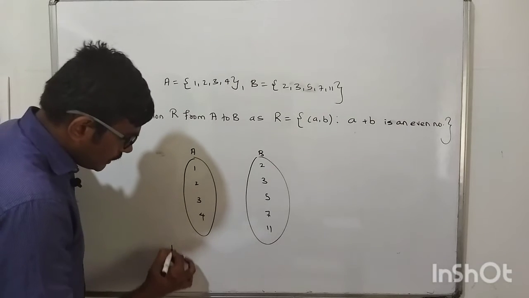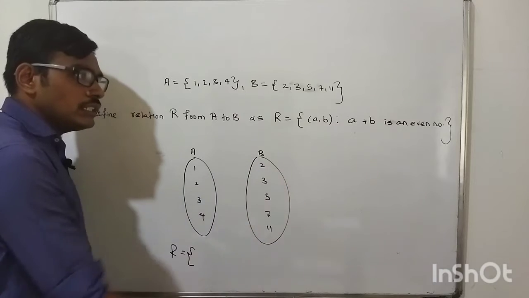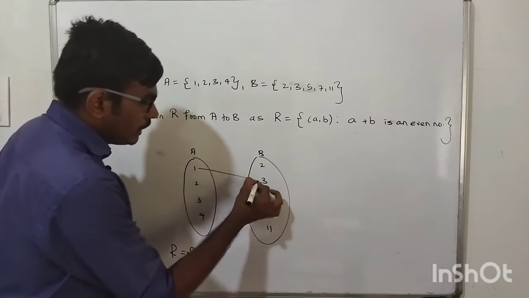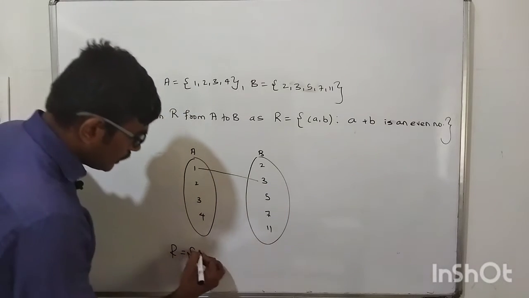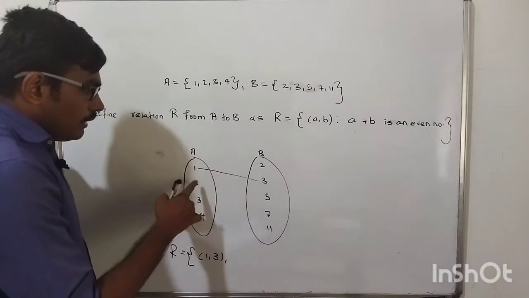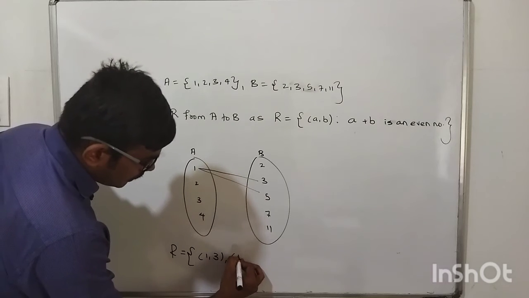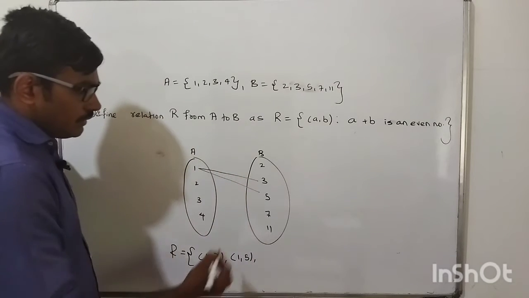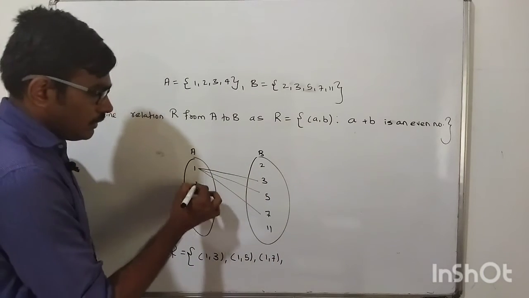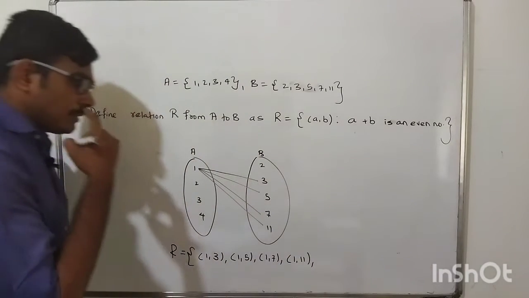First, 1 plus 2 is 3, which is not even, so we can't consider that. 1 plus 3 is 4, which is even, so we consider (1, 3). Then (1, 5), because 1 plus 5 is again even. Then (1, 7), and (1, 11), because 1 plus 11 is 12, which is also even.